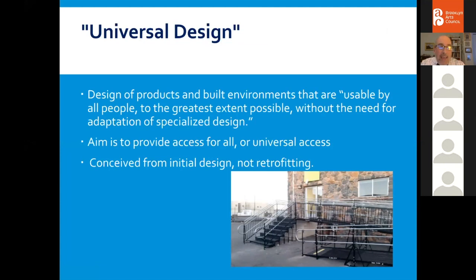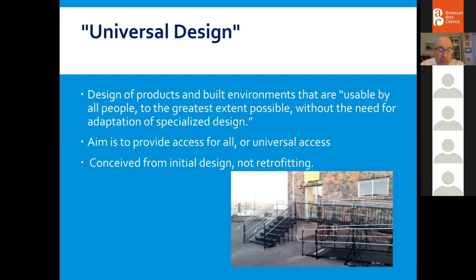That's the universal part, that everybody can be accommodated. So it's access for all, or universal access. And the word design means it's not just an accident, but something we're thinking about from the design. It's not retrofitting.